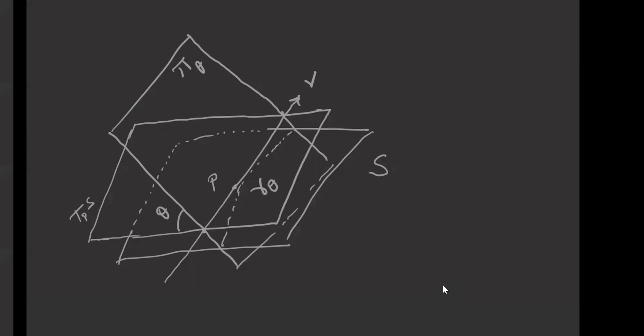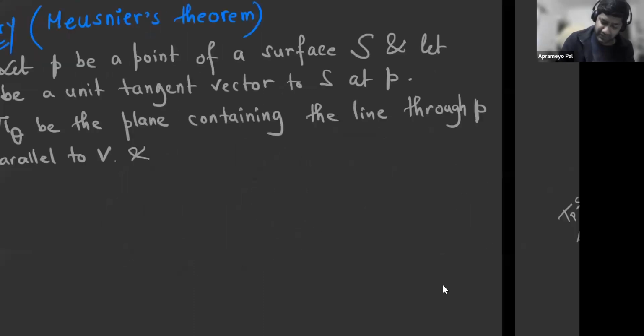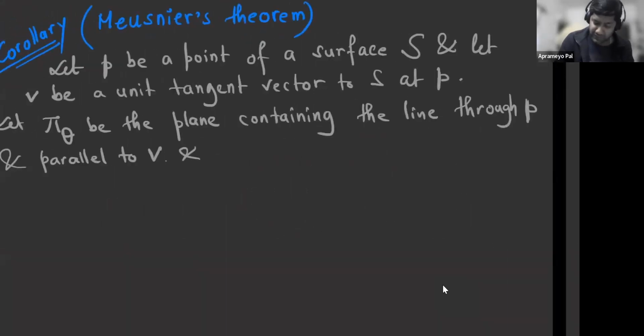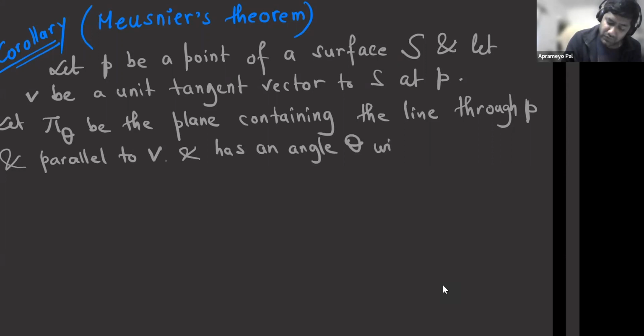Yeah, that's my bad wording, and bad drawing also, but you should think of it as a direction. Okay, and it has, what I already drew, an angle theta with the tangent plane TPS.